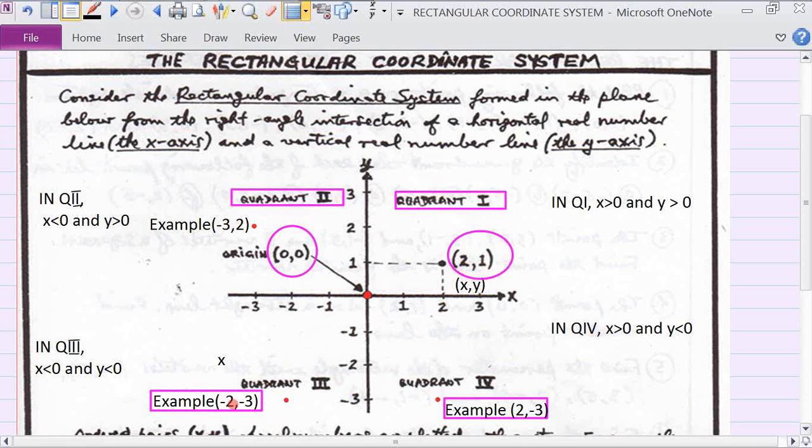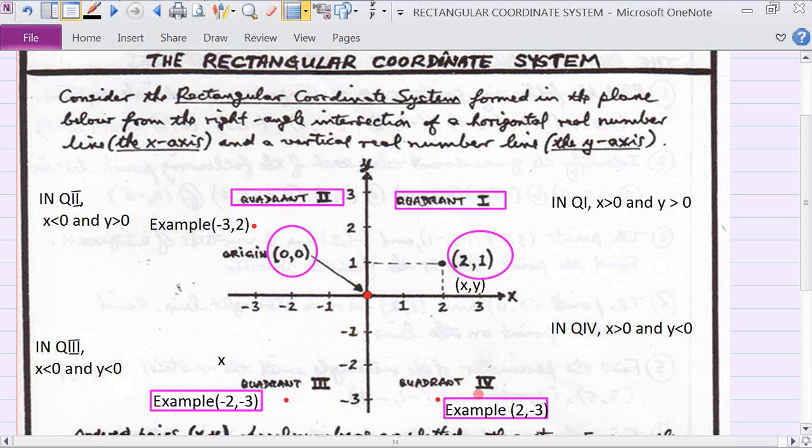Let's take the point (-2, -3). Here we take the x first, which is -2, and then we go down 1, 2, 3 to get the point -3 on y. This is the intersection of x equals -2 and y equals -3. That's the point when both values are negative. They're going to lie in this quadrant, but I'll come to that in a second.